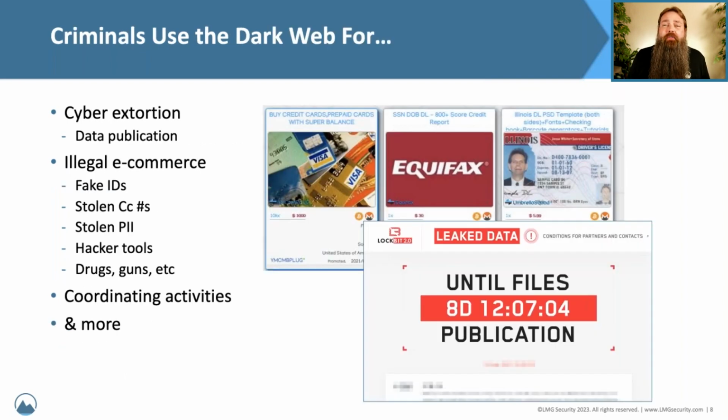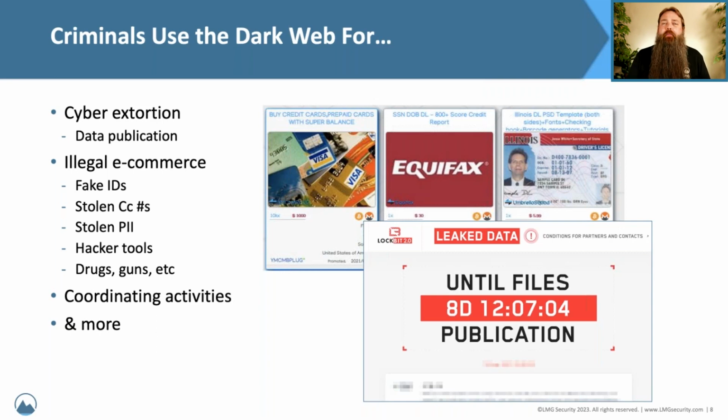Now, we do have to point out that criminals do utilize the dark web for a number of tasks. One of the big ones that we've probably seen in the news very recently is cyber extortion or ransomware. Ransomware groups tend to use the dark web to host things like their name and shame portals. They will transfer stolen information, they will sell stolen information, and they will utilize the dark web to mask their identity and their location while they're performing these illegal activities.